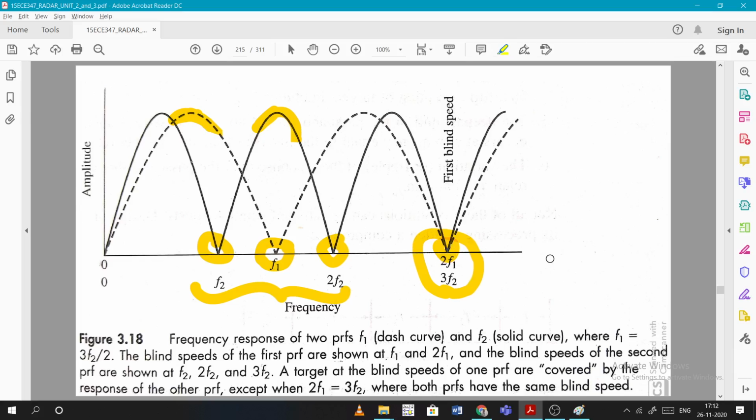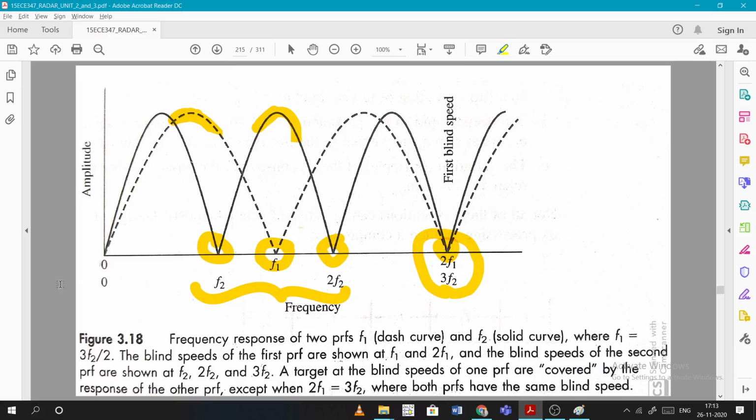At the point where 2f1 equals 3f2, in this example, that's it, just to understand how it works, we have the first blind speed.